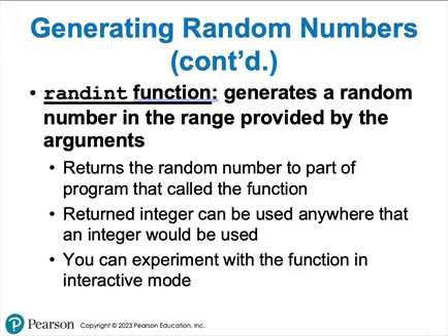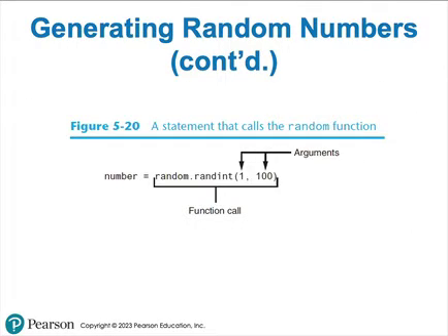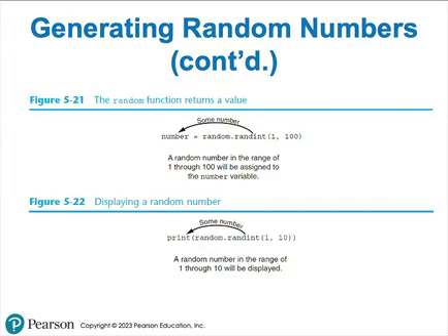Here they're talking about how you can experiment with this if you would like within interactive mode, but basically when called like this with two arguments, it's going to, from the random library, call the function randint and return an integer between 1 and 100.